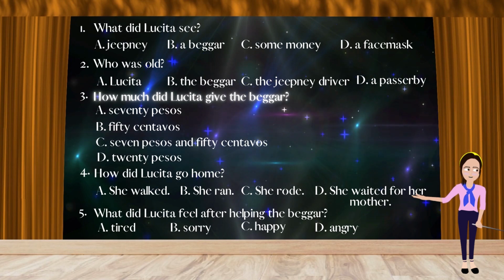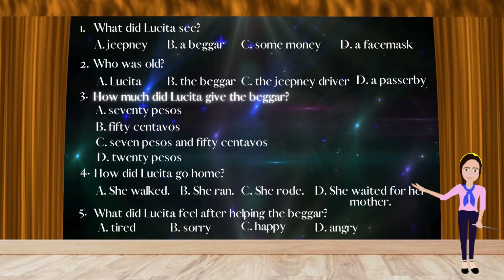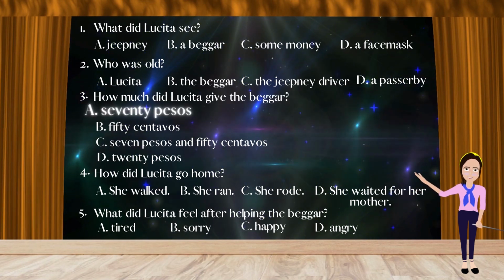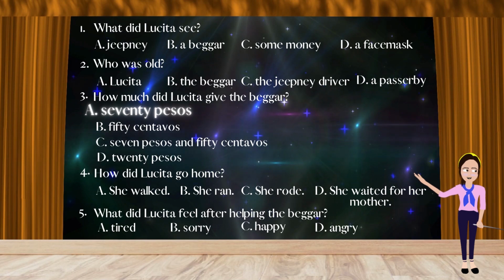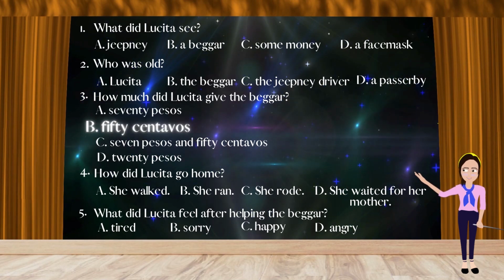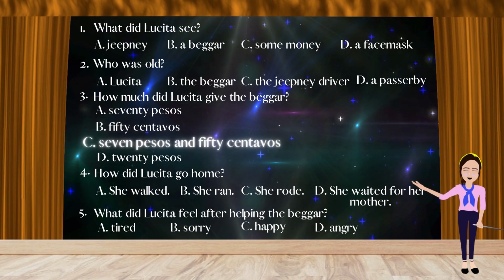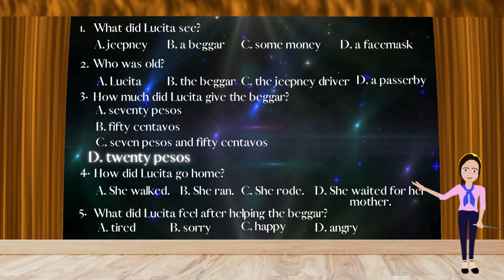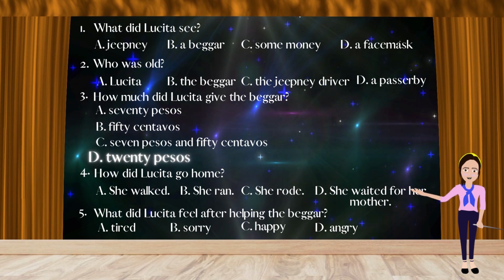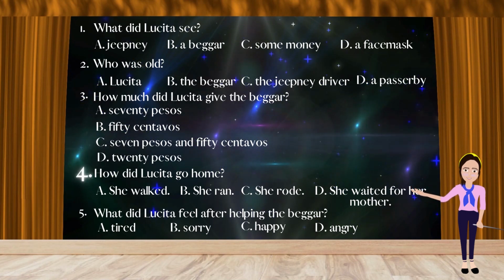How much did Lucita give the beggar? A. 70 pesos. B. 50 centavos. C. 7 pesos and 50 centavos. And letter D. 20 pesos.